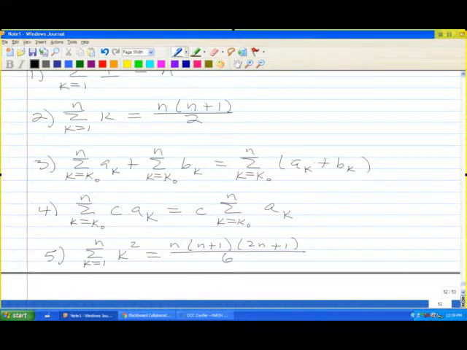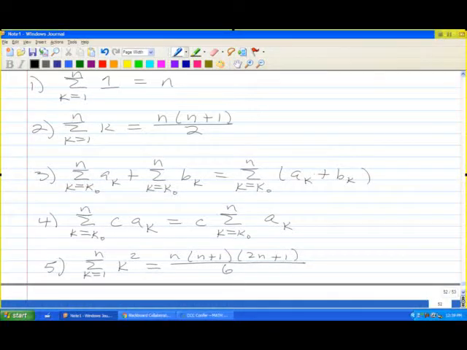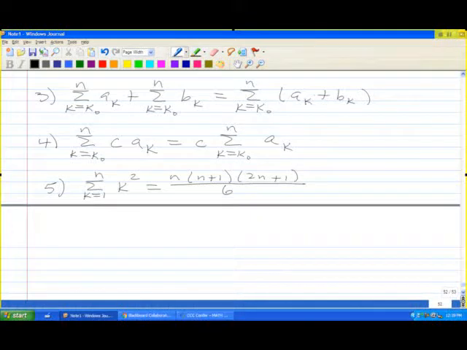So let me show some of these. Let me show that if you add up 1 n times, you get n. Okay, so let's prove this by induction.